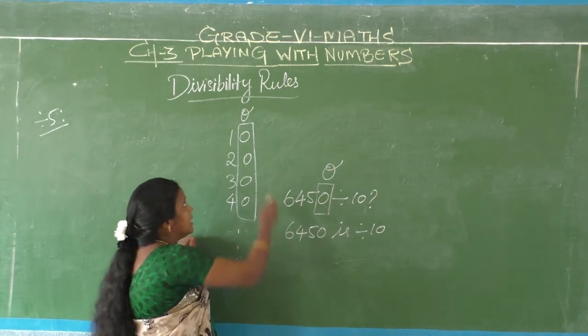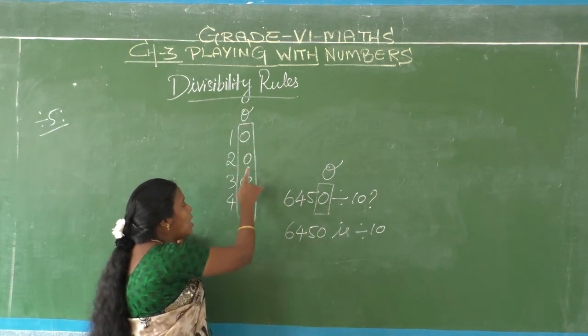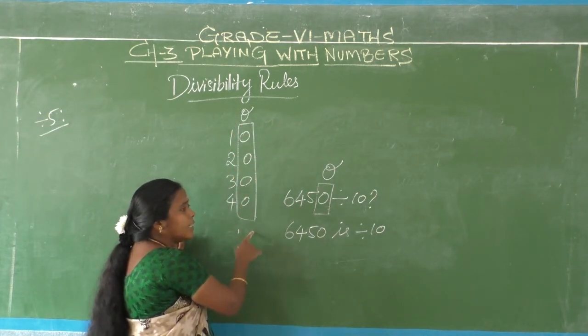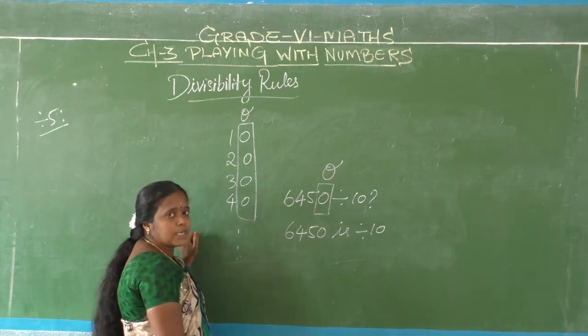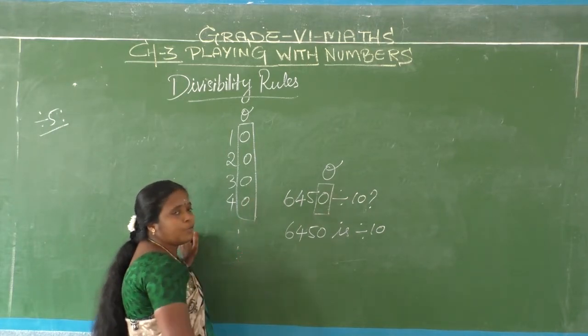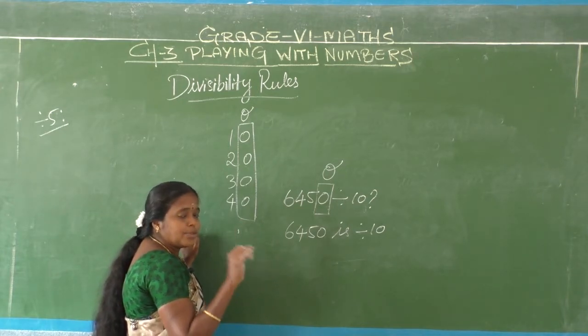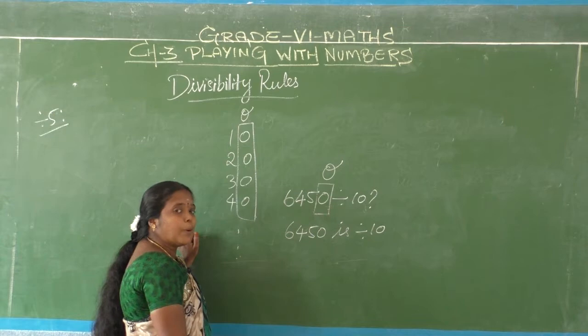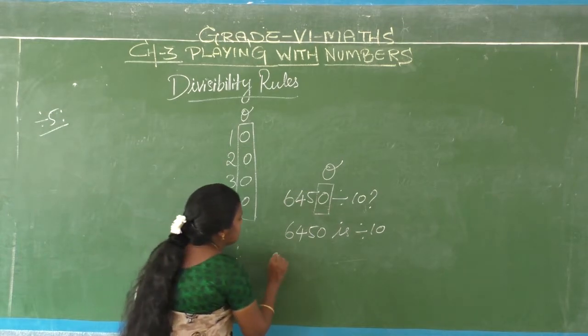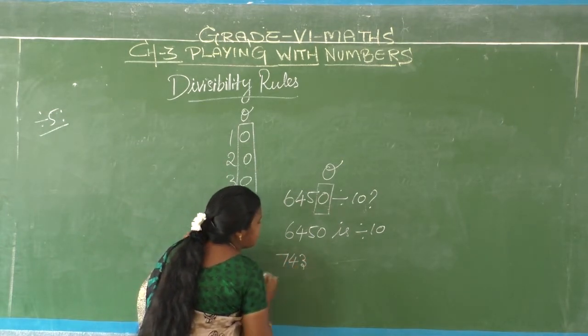Clear? Because in the multiples of 10, all the numbers get 0 as the ones place number. So that only the rule is framed: if a number has 0 in its ones place, then it is divisible by 10. For example, one more number I am taking, 743.